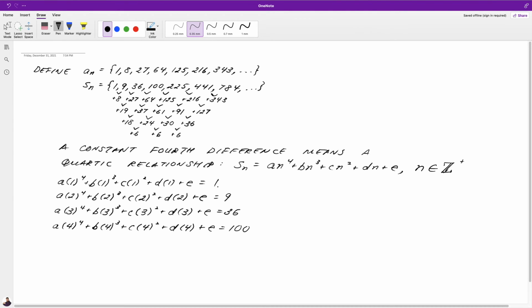Since we've got 5 unknowns, we're going to need 5 equations. So we've got a 5 to the fourth plus b 5 cubed plus c 5 squared plus d times 5 plus e equals 225. So we do have this big system here.